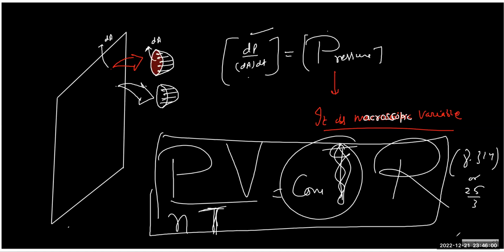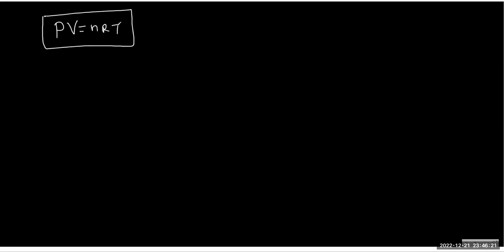So every real gas at high temperature and which pressure, low or high? Very low. Very low pressure will behave as an ideal gas. So this is the ideal gas, and this ideal gas is only defined when two things are attained by the gas.